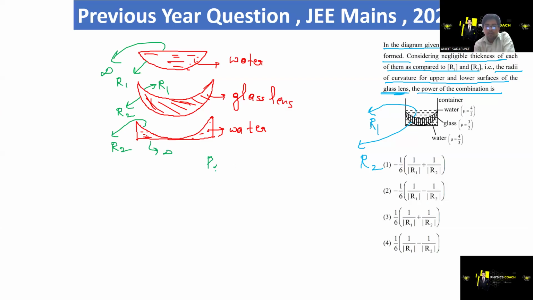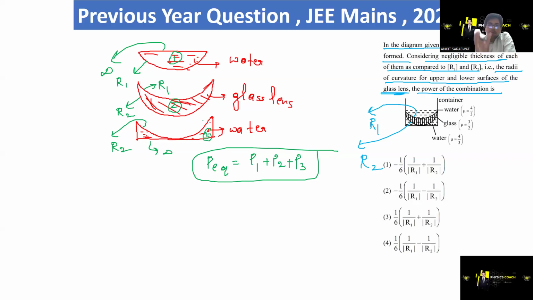So the equivalent power of the combination will be P1 plus P2 plus P3. This is the first lens, second lens, third lens. Simply I will add all the powers. Since negligible thickness is given, one by one we will calculate the power like this.